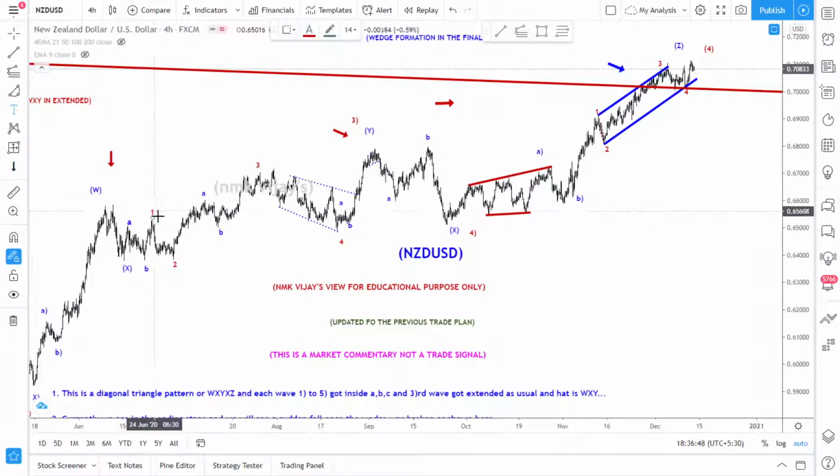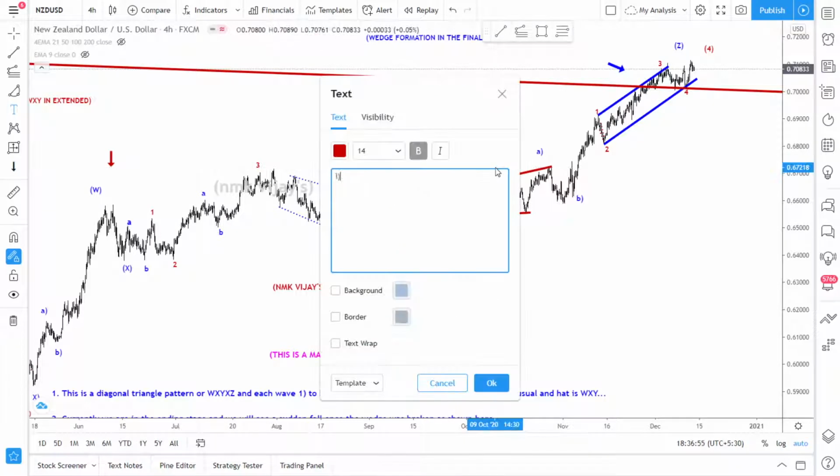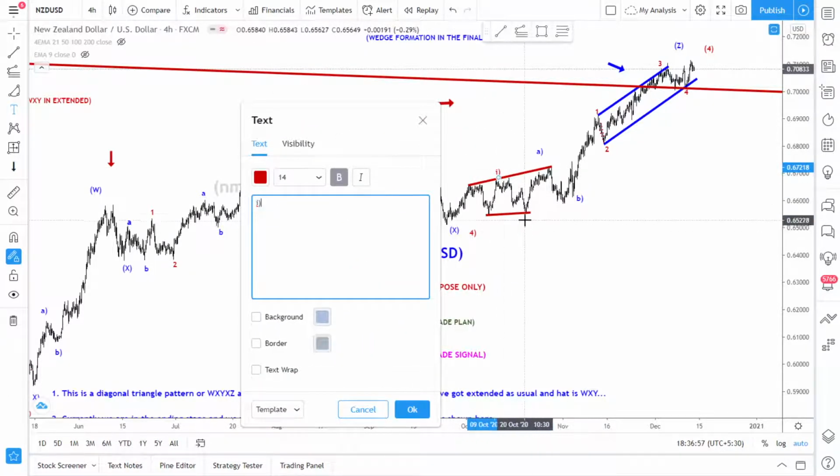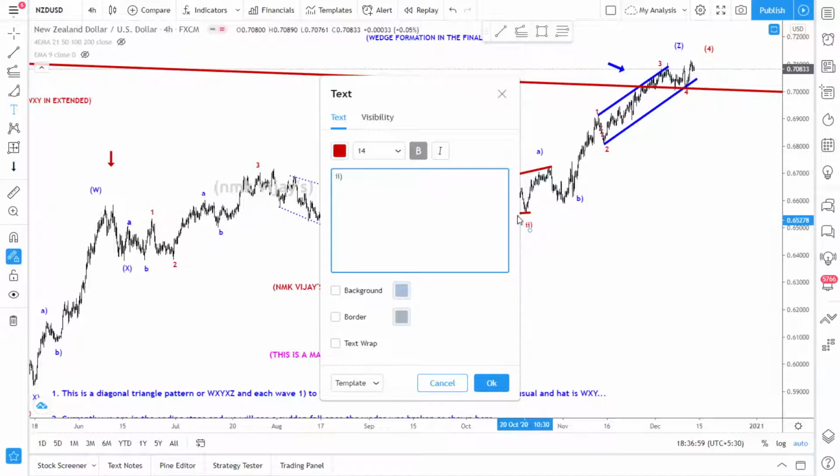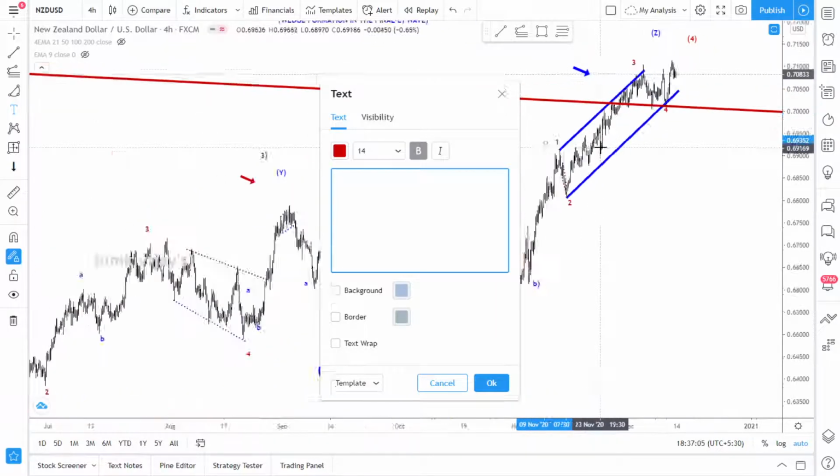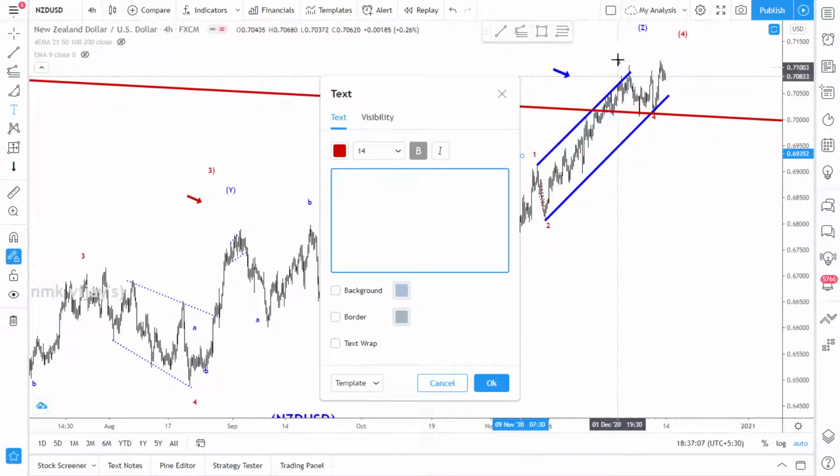Each wave 1, wave 2, it's got ABC. Like that, if it is ABC, this could be a wave 1. So this could be a wave 2. So ABC is a W, X, ABC. So this could be the end of the third wave.